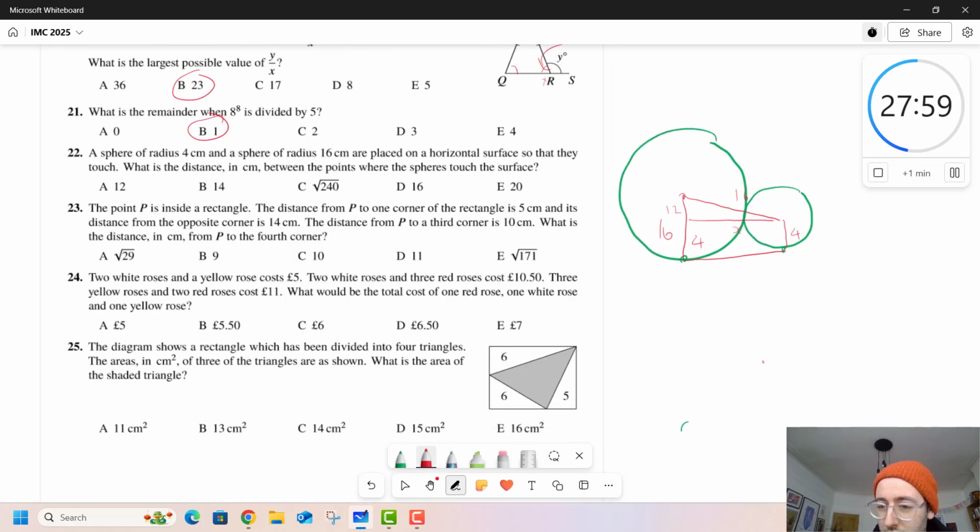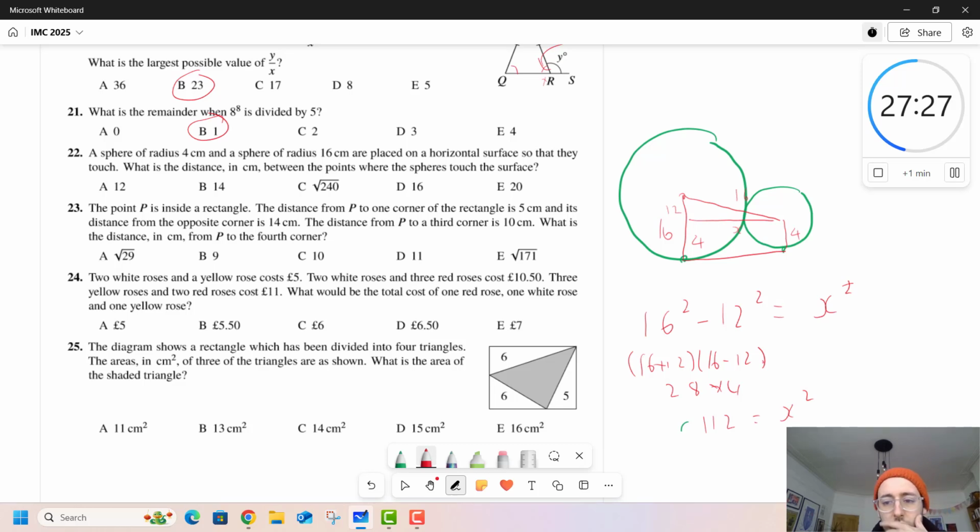Okay, so we've got 16 squared minus 12 squared equals x squared, and then I need to square root it. So is that a Pythagorean triple? I don't think so. So that's 16 plus 12 times 16 minus 12. So it's 4 times 28. So it's 112 equals x squared.